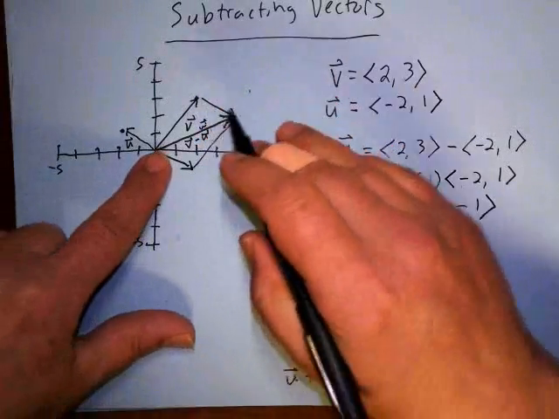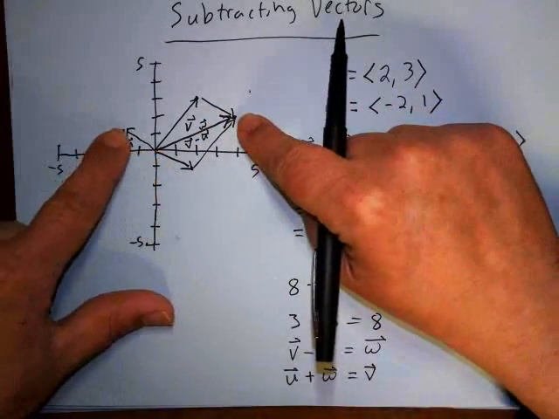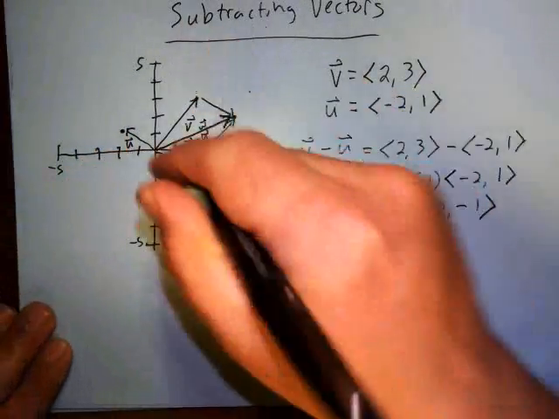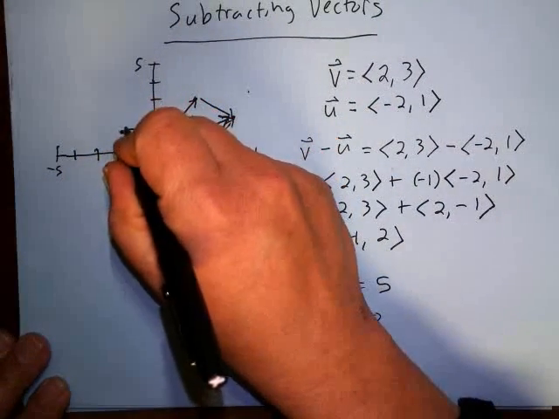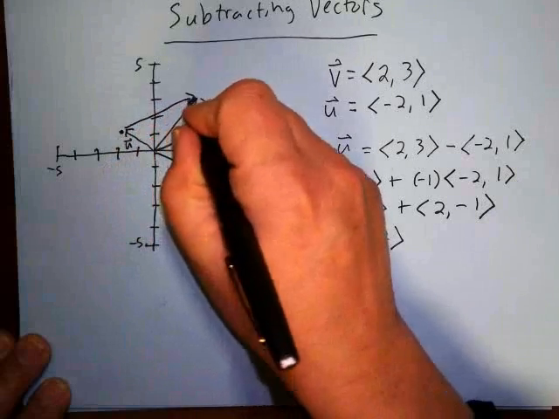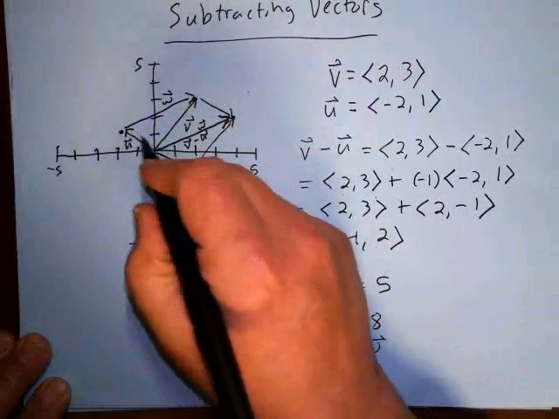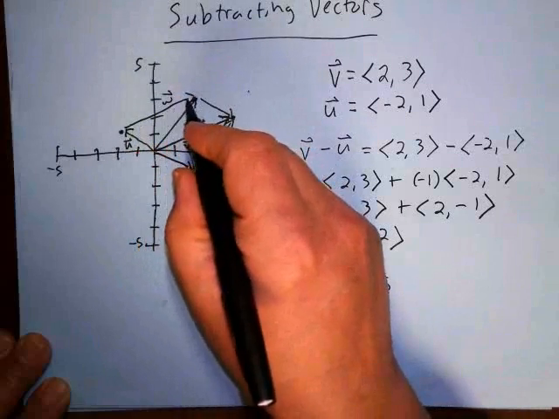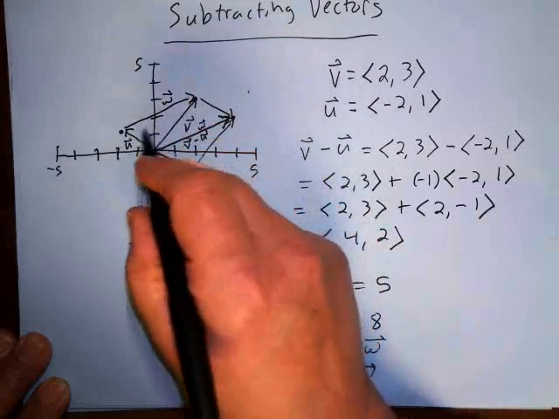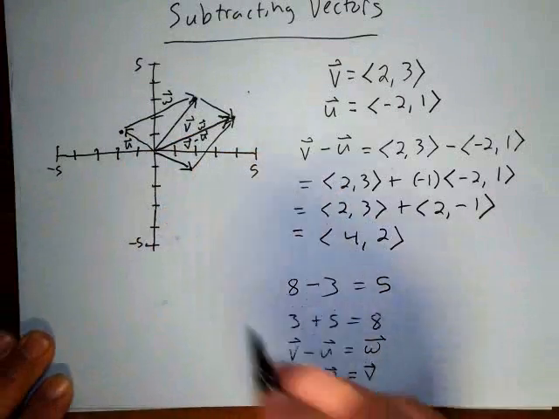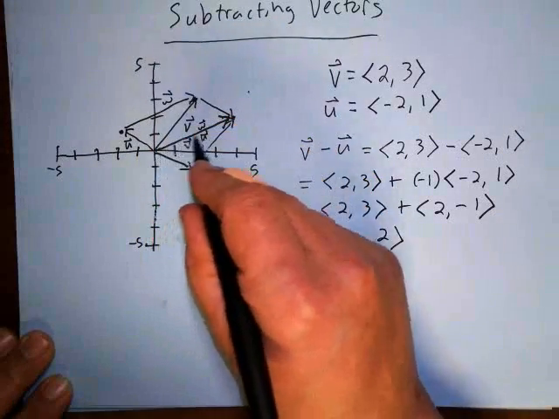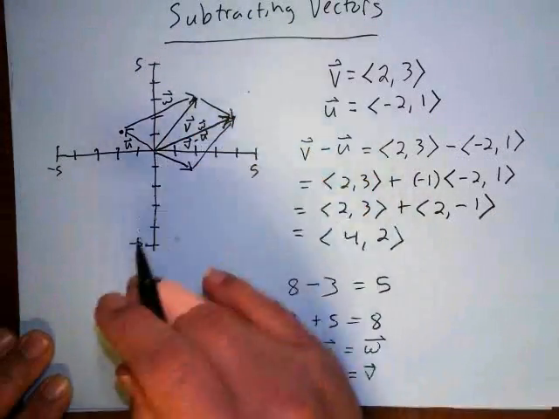This vector is the vector you add to u to give you v. There's some vector that you would add to u to get v, and that is the difference of v and u. And so this vector is basically the same as that vector right there.